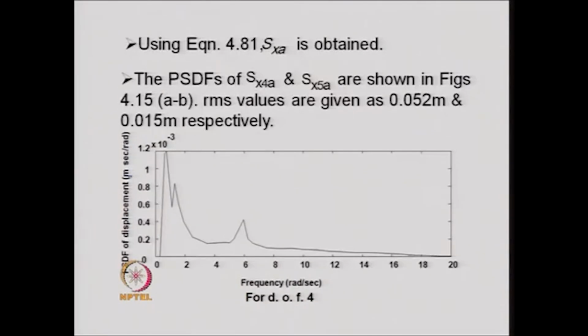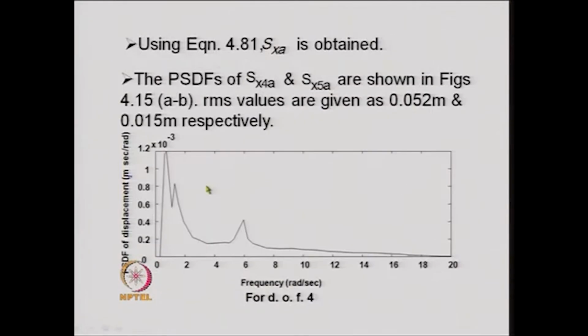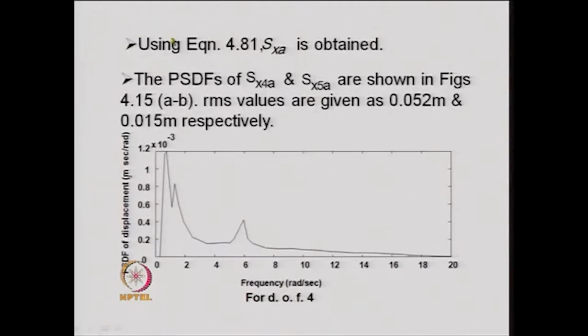One can see that for degree of freedom 4 the value is more compared to the power spectral density function of degree of freedom 5, because this is of the order of 10 to the power minus 5, the other one is of the order of 10 to the power minus 3.